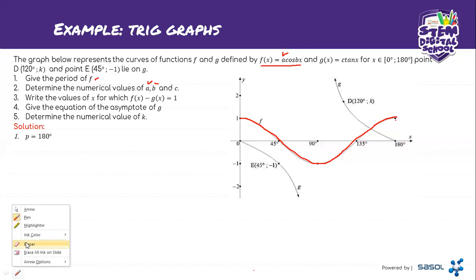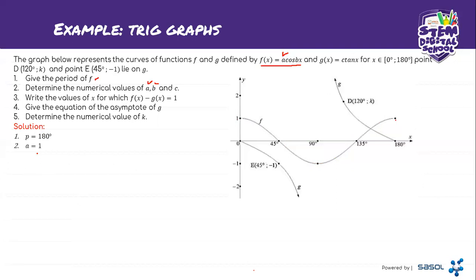Okay, let me just remove this red line. All right. And then the value of a is what? The value of a equals 1. Why 1? Because if you visit the center line, this is the maximum and this is the minimum.